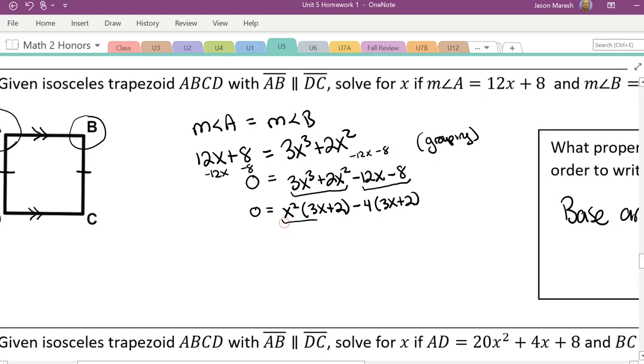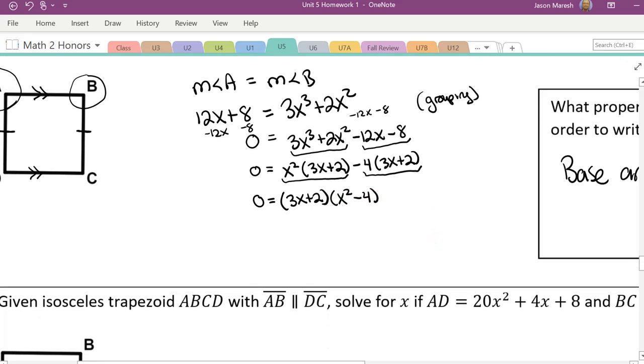And then both these terms have a common factor of 3x plus 2, so 0 is going to equal 3x plus 2 times x squared minus 4. And then the x squared minus 4 is a difference of two perfect squares. So I factor it further using the difference of two squares pattern.